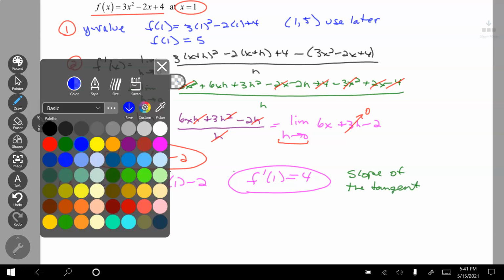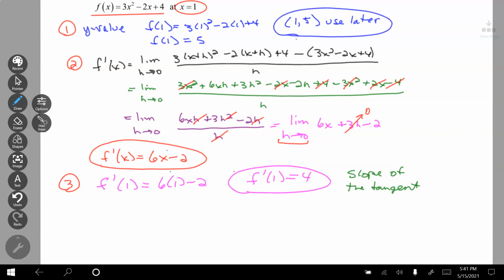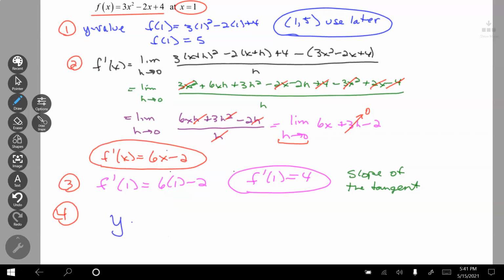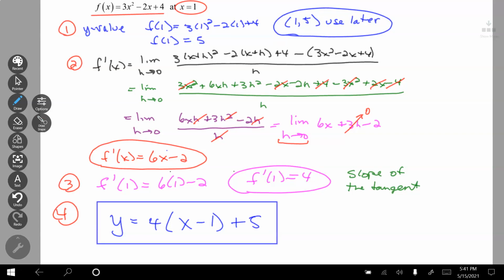I have a point, an x and a y. I have a slope. So step 4, writing the linear equation: y equals m, 4 is my slope, times x minus 1, plus 5. That is the linear equation that I wanted to write for the tangent line.